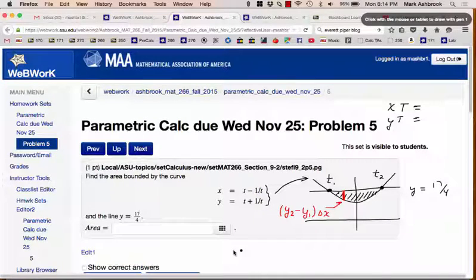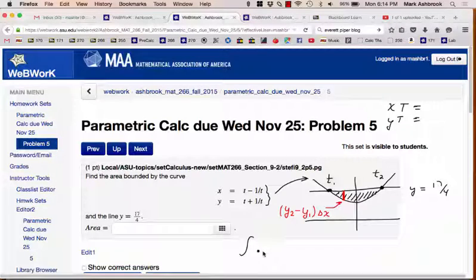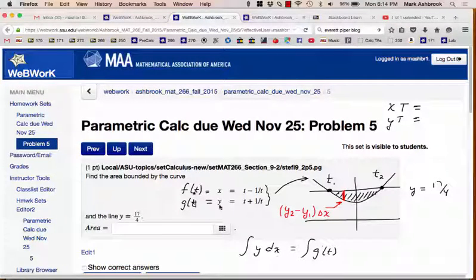But in parametric coordinates, it's going to be, so if x is f of t, and y is g of t, then dx is going to be f prime of t dt, and we showed that in class also.